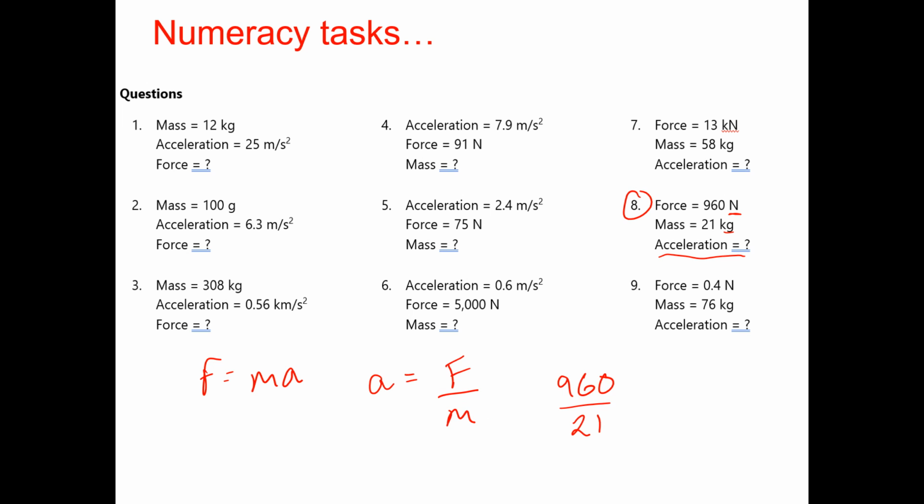That will produce an acceleration of 45.7. Again, units, meters per second squared. 45.7 meters per second squared. That's to one decimal place.